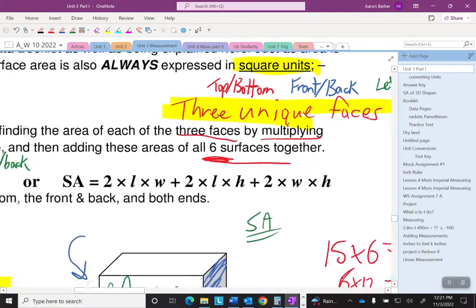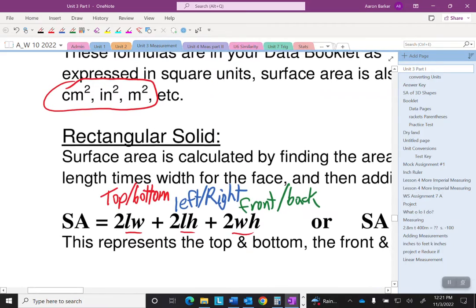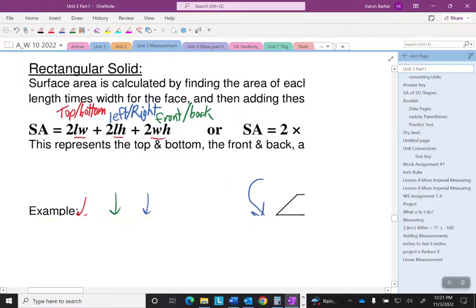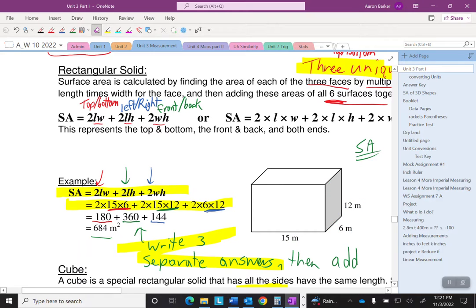So on the formula, right over here, the first multiplication, length times width, that can be the top and the bottom, and that'll be in red. So if you look at the shape here, sorry to kind of jumble it all together, the top and the bottom, that's going to be our 15 times 6 multiplication.